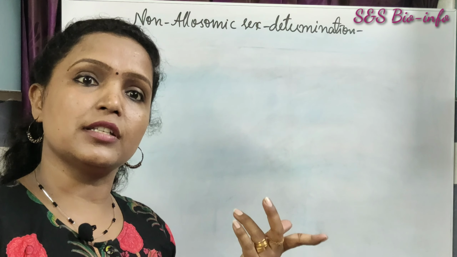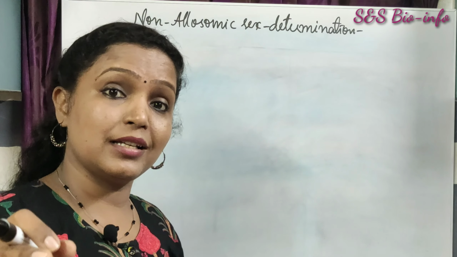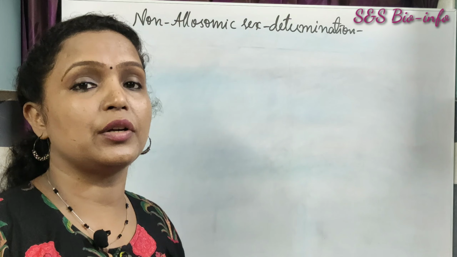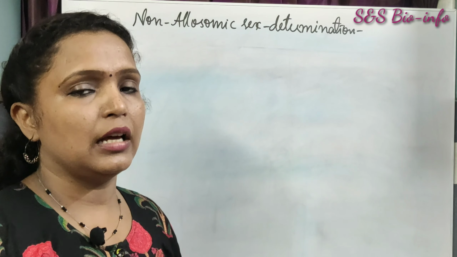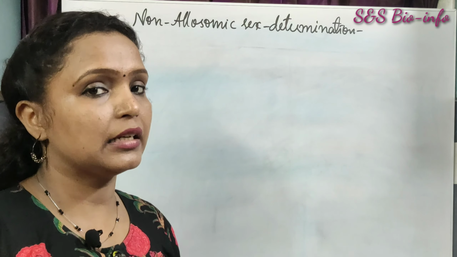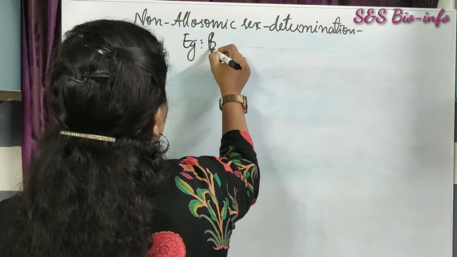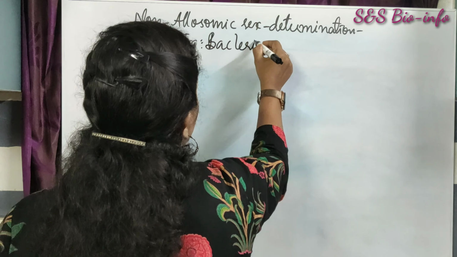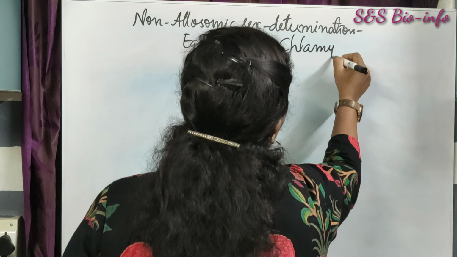The genes are present in the autosomes. The genes that are present in the autosomes control the sexual behavior in some organisms. Example, bacteria and chlamydomonas.